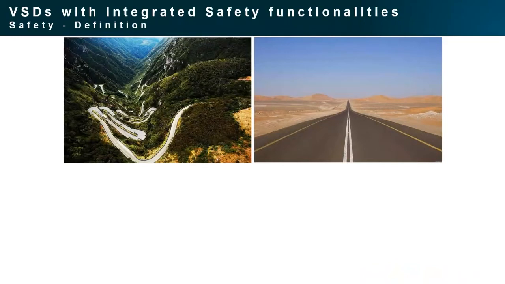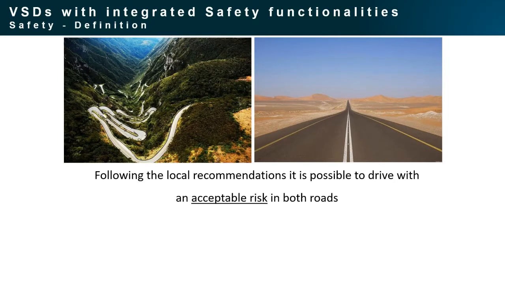How can we drive safely on the roads on the left and the right side? I'm sure you think the picture on the left side, in the mountains, is a situation with a high risk, different from the straight road on the right side. But following the local recommendations, it's possible to drive with an acceptable risk on both roads.